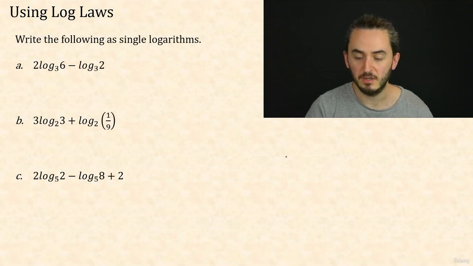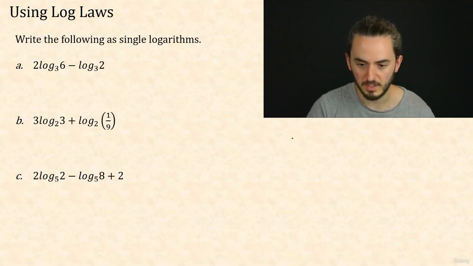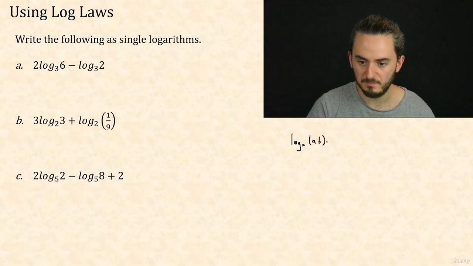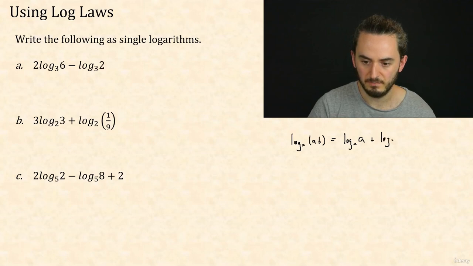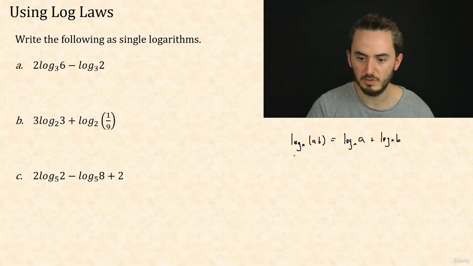Just as a reminder of our log laws, our three laws are: log, and I'm just going to put the base in, it can be anything. Log base x of AB is log base x of A plus log base x of B, so that's the addition law.